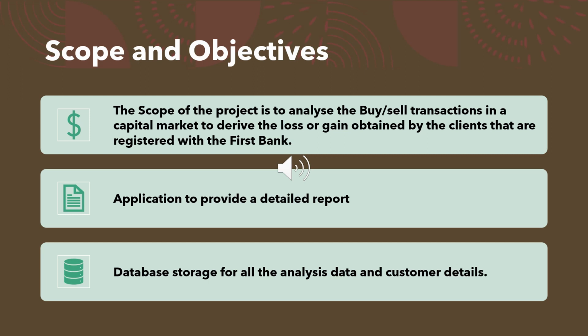That means, for example, if we are selling or buying a stock in the capital market, the total gain or loss of a particular customer has to be reported in order to check further for the well-being of the customer.